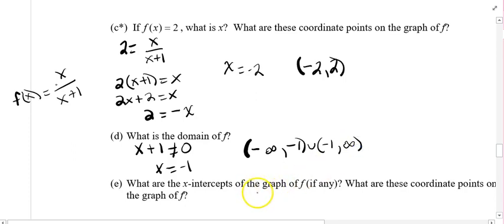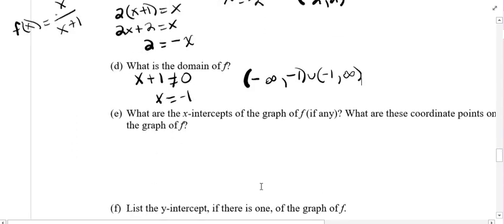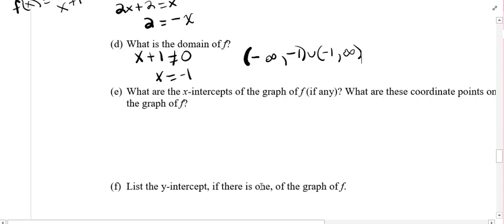What are the x-intercepts of the graph of f, if any, and what are these coordinates on the graph? Let's scoot up just a bit so we have a little bit more room to write. So we know then that the x-intercept is where it crosses the x-axis. And if it crosses the x-axis, then we know the y-coordinate is 0. So it's essentially asking us, where does the function equal 0? So we can here again solve it.